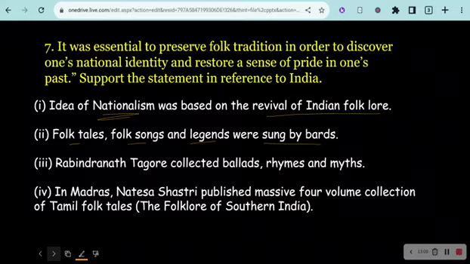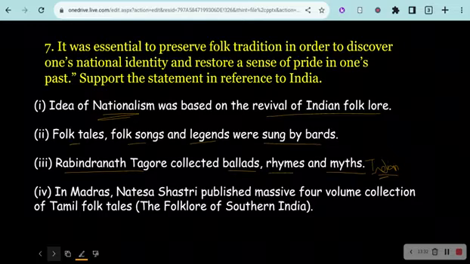Correct. Now, Rabindranath Tagore, as you know, collected ballads, rhymes, myths based on India. Ballads means poems written in the form of stories, then rhymes, myths, etc.